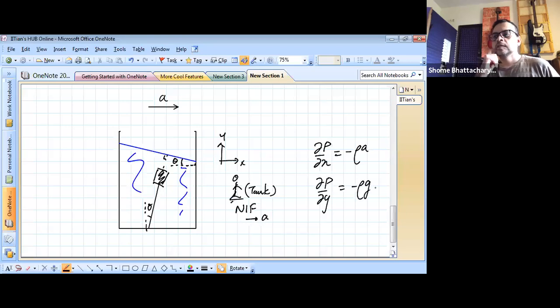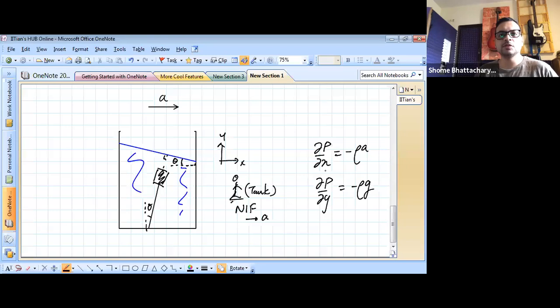Now you think in terms of free body diagram of that object, and you will understand that because of the horizontal pressure gradient, the buoyant force is not acting only vertically now. There is also a horizontal component of buoyant force. Understood? So there is going to be pseudo force which acts on the block along with weight, but there is also going to be a horizontal component of buoyant force along with the vertical component of buoyant force.